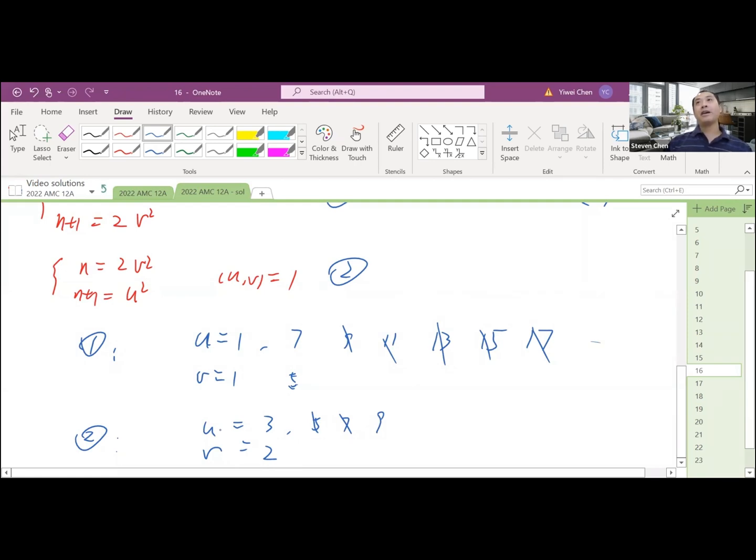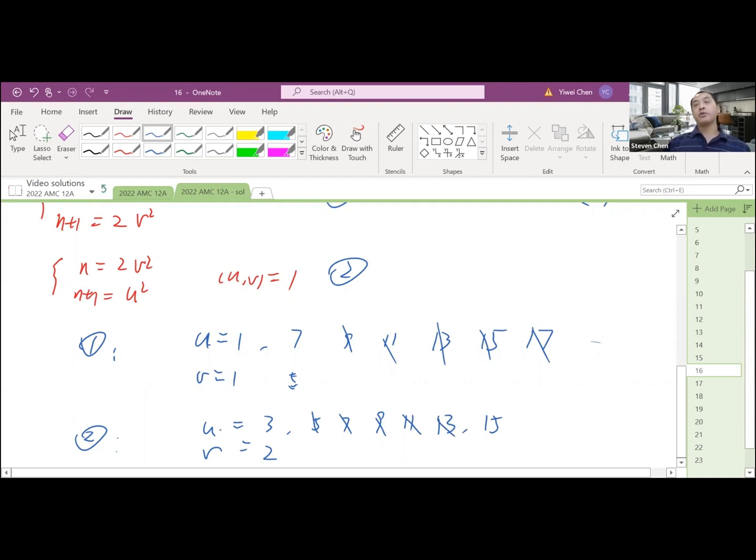If u is 9, then n plus 1 is 81. Then n is 80, its half is 40, not a perfect square. For u is 11, n plus 1 is 121, n is 120, its half is 60, not good. For u is 13, n plus 1 is 169, n is 168, its half is 84, not good.